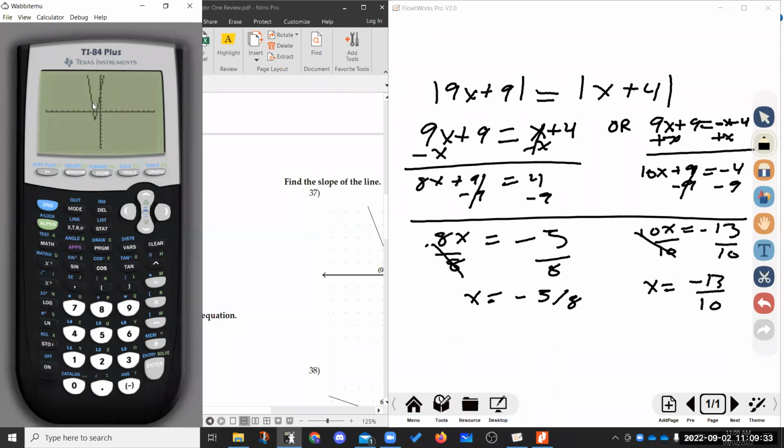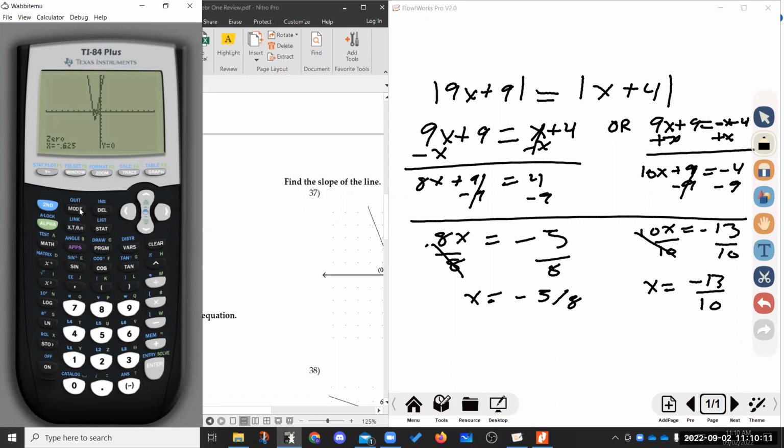and I'm going to see where the zeros are here. So second calc, 0. The points where it crosses the x-axis are going to be negative 1.3, which is negative 13/10, and second calc 0, negative 0.625, which is negative 5/8.